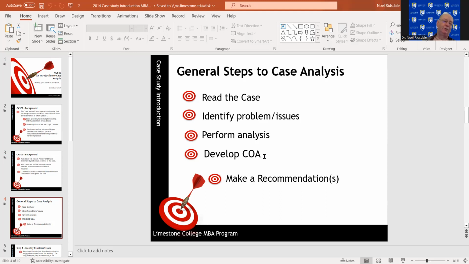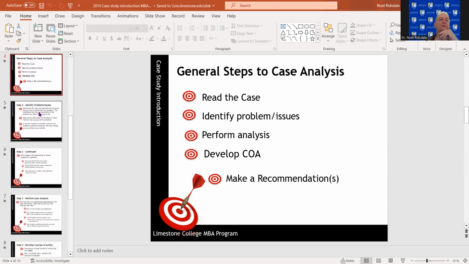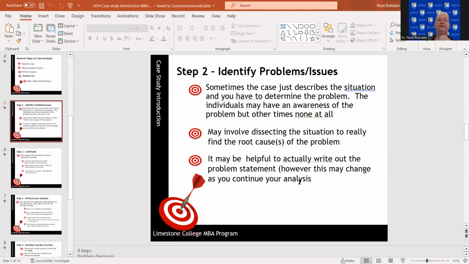So decide what you're going to do. There could be more than one course of action. But then you're going to get down here to making your recommendation. When you make your recommendation, this is what you're going to sell to that board of directors or that CEO, as you're a consultant here. This is what you're going to really do.